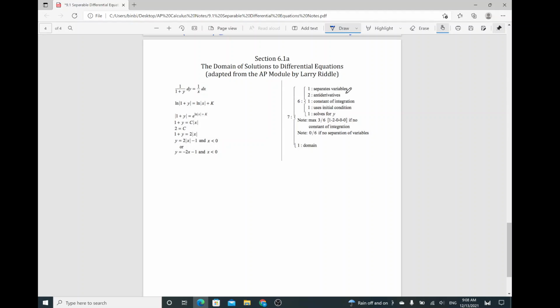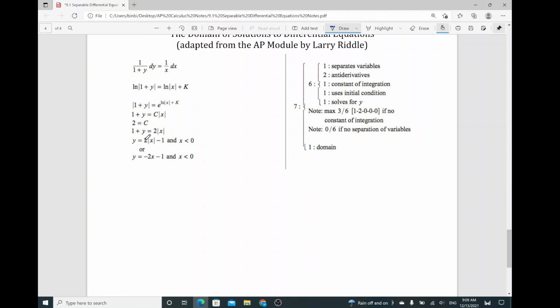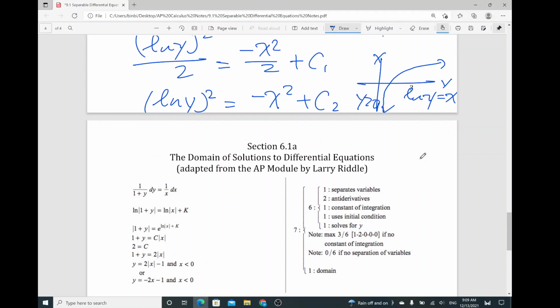So: separate variables, take the antiderivative, include the constant of integration, then use initial conditions to find the value of c, and after you solve for c, rewrite it. So 1 plus y equals 2 times the absolute value of x, and then y equals 2 times the absolute value of x minus 1, showing the word simplifying. Get the domain as well, making sure that the domain satisfies the condition.